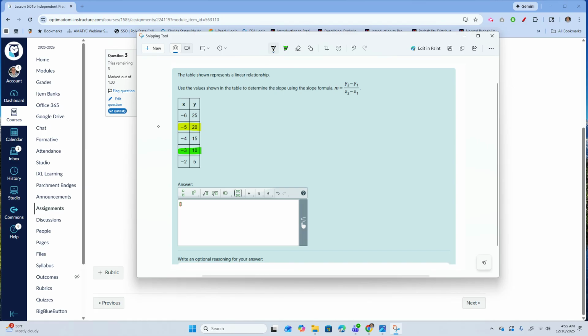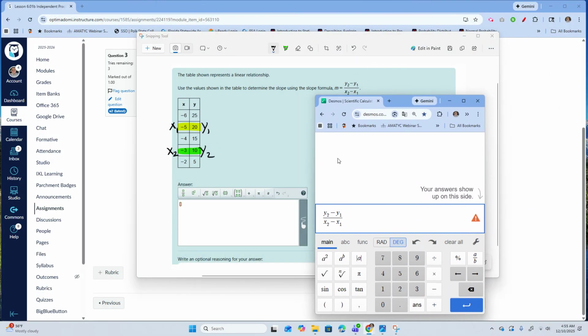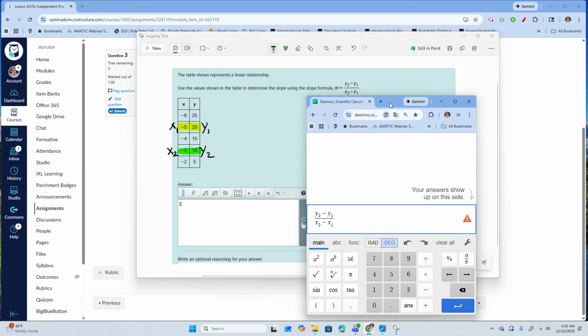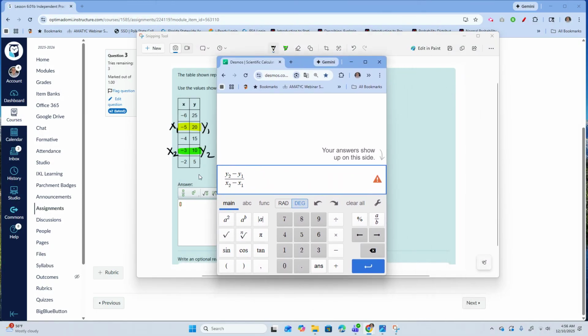My first row that I chose, that's going to be X1, Y1. The second row I chose, that's going to be X2, Y2. Okay, and using this formula, which I took and wrote in the calculator, I'm going to replace the Y2 with 10.